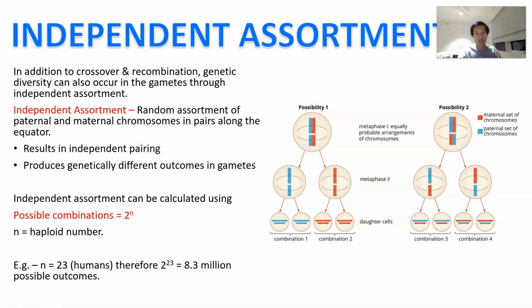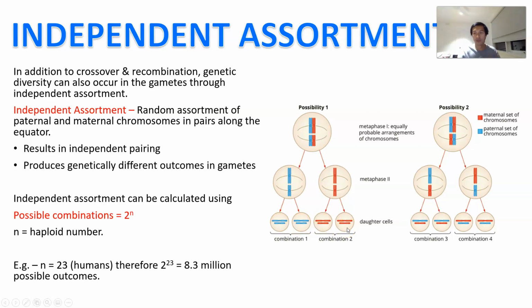So here's an example. Imagine your individual has 4 chromosomes in 2 homologous pairs: 1, 2, 3, 4. Now, if they were to sort themselves like this, you would get all the blues on one side, all the reds on one side, and then it splits in half in meiosis round 1, and it splits again in meiosis round 2, and you get the first combination, which is all blue, and then the second one, which is all red.